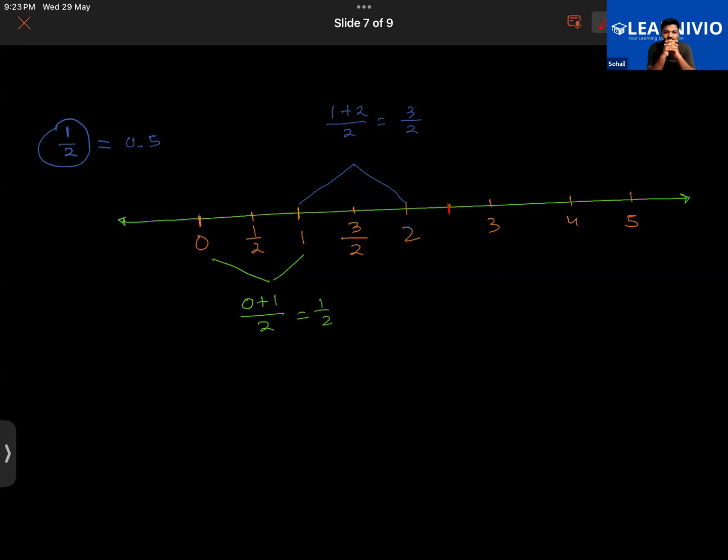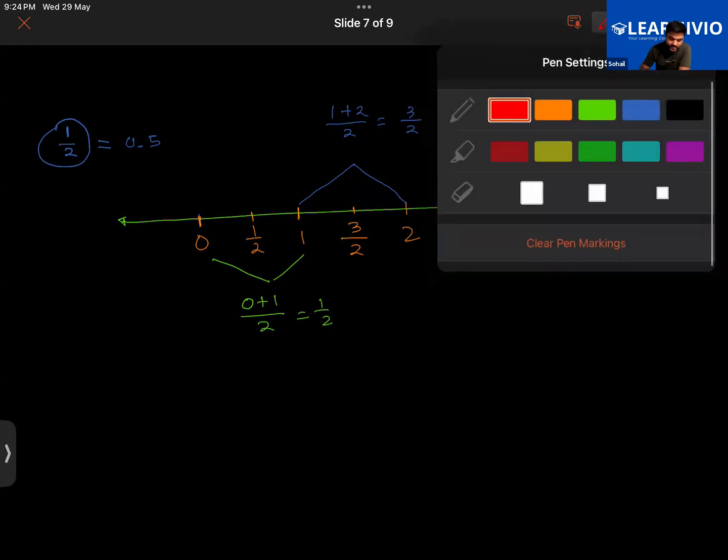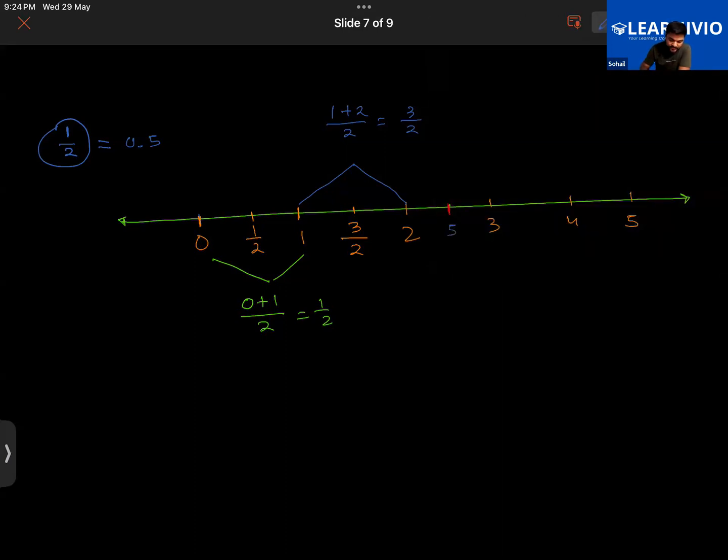I think you are not getting it. Look again. 5 upon 3. 5 upon 2. Okay, now I think you're getting it. Very good. That is 5 upon 2. What about a fraction between 3 and 4? 7 upon 2.